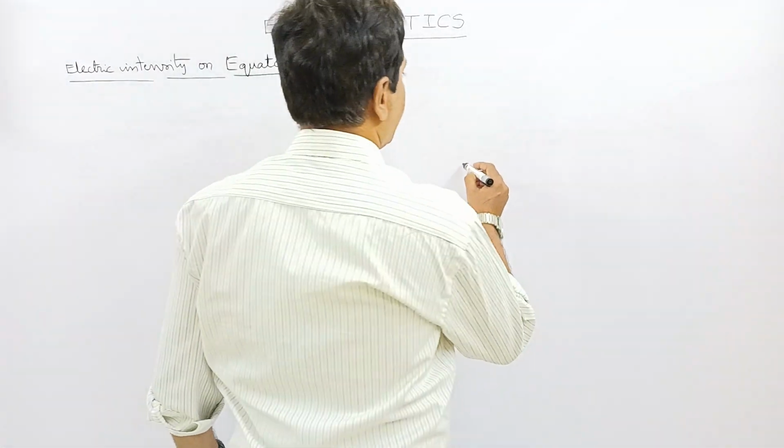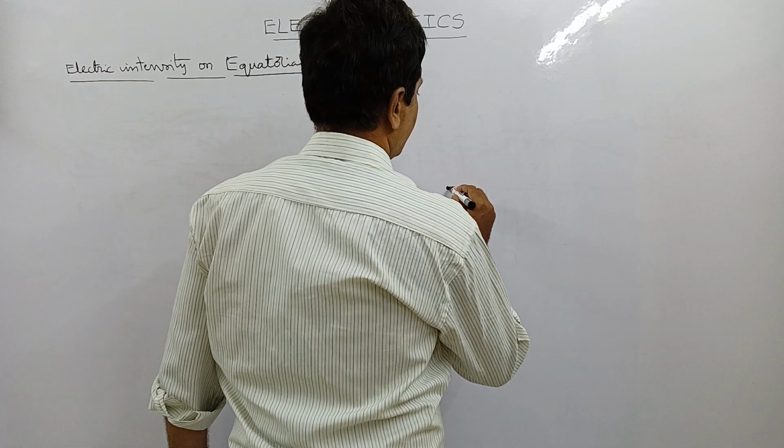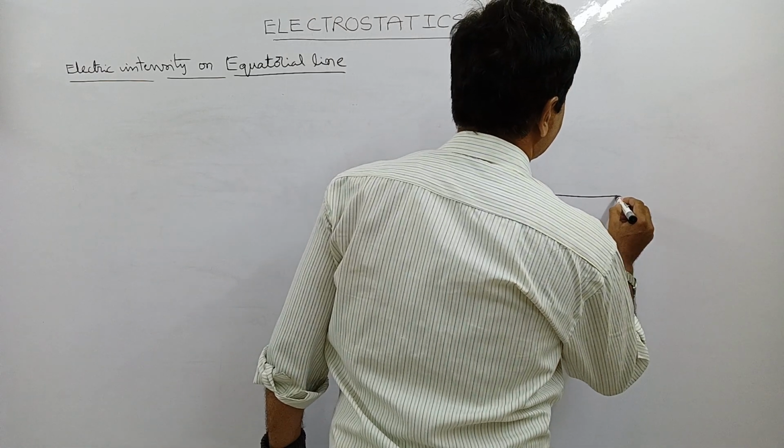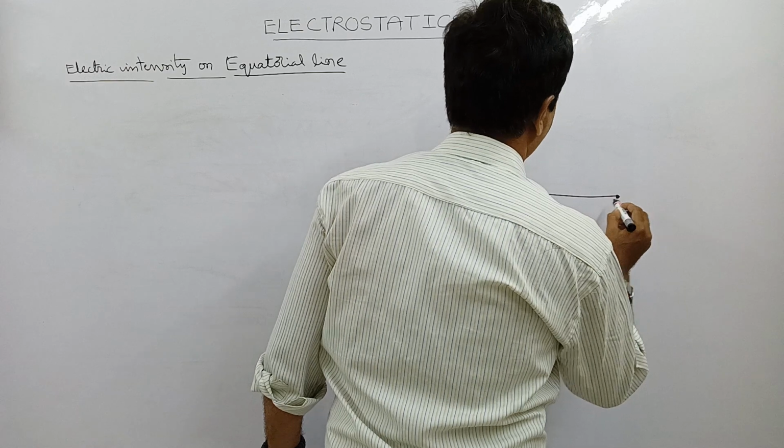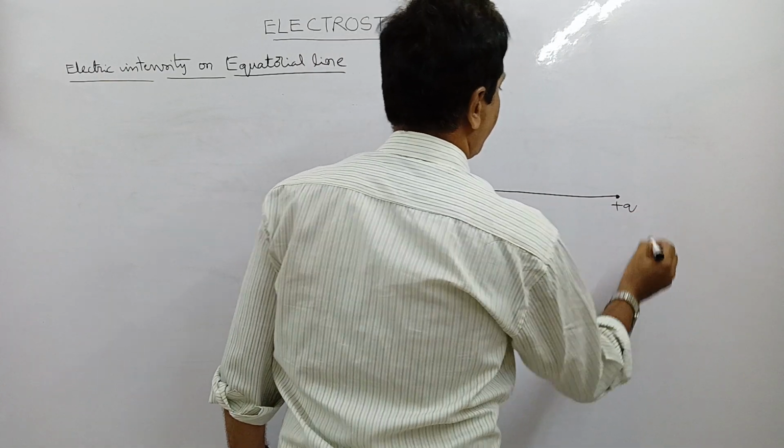Here there is a dipole with a distance of 2a between the charges, minus q and plus q.